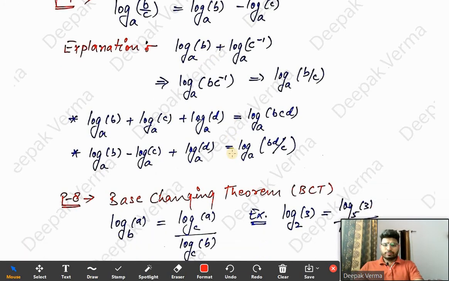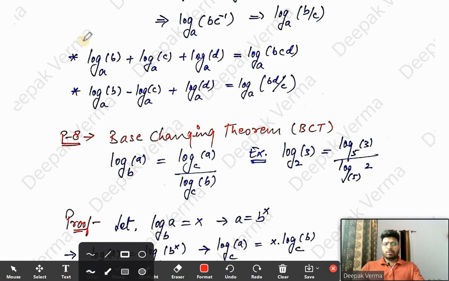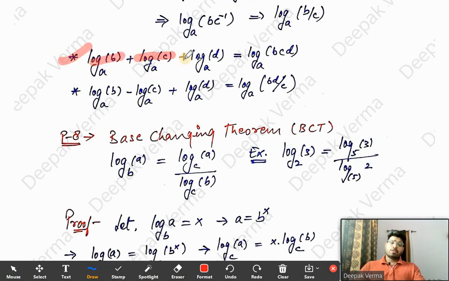Now look here, log b plus log c plus log d with base a. So the product property is also valid here. The product property is not valid only for two numbers. We can extend it further to infinite numbers. Got it?